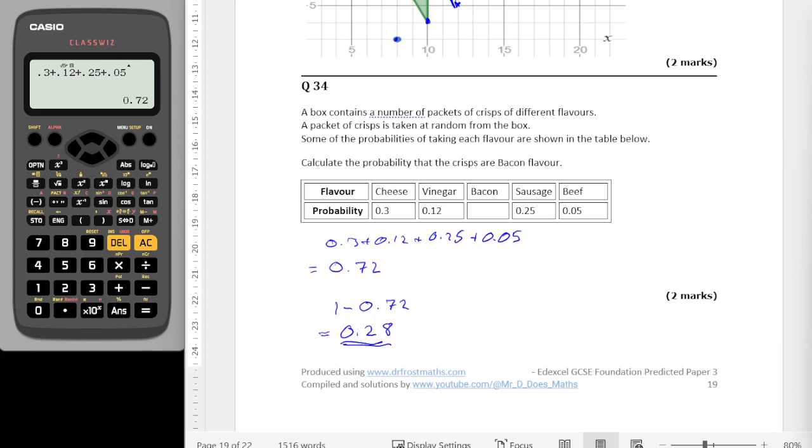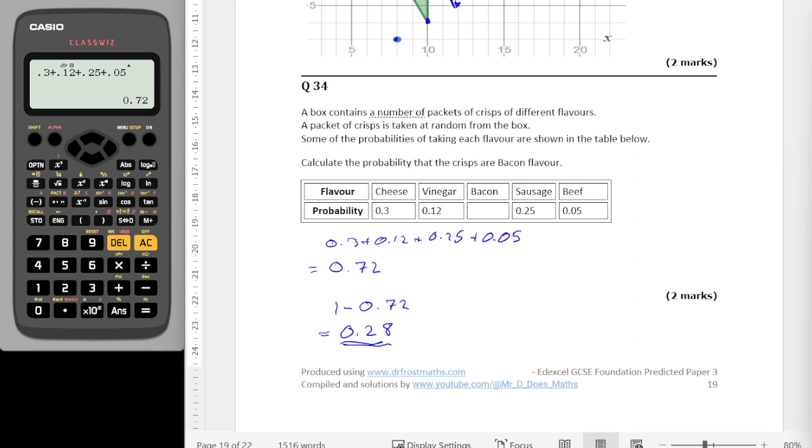And taking that topic a little bit further, because it's supposed to hit relative frequency of mutually exclusive events. So we've just worked out the probability. Let me just read the question again.